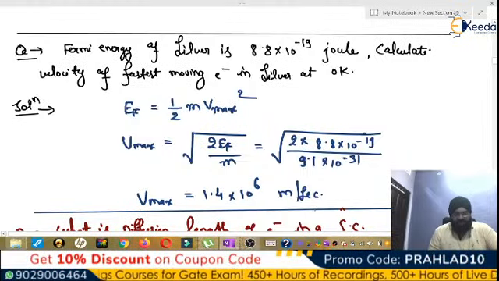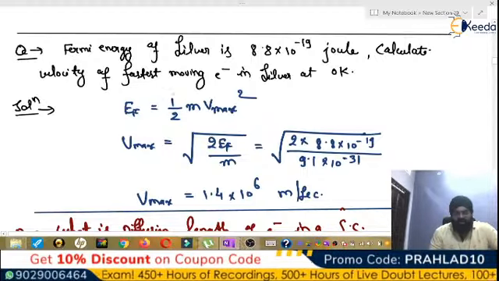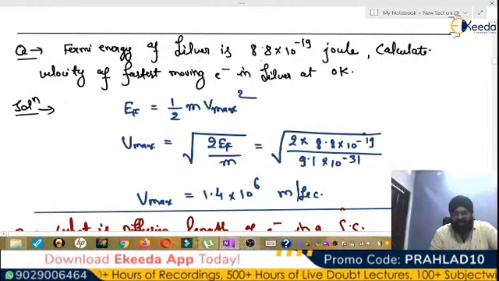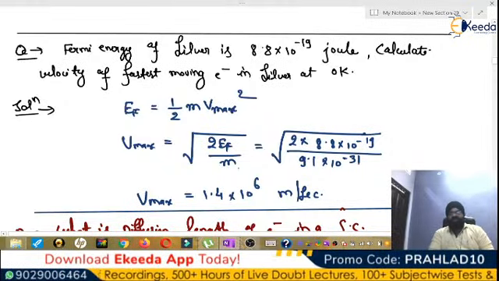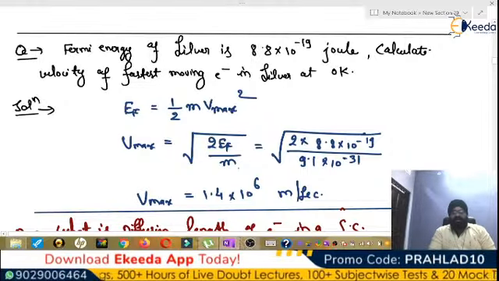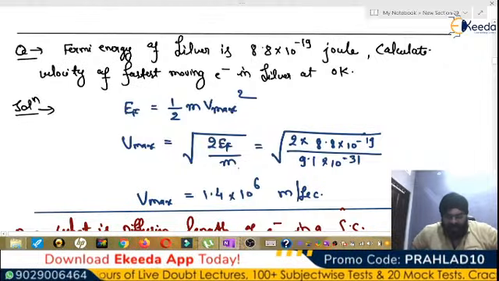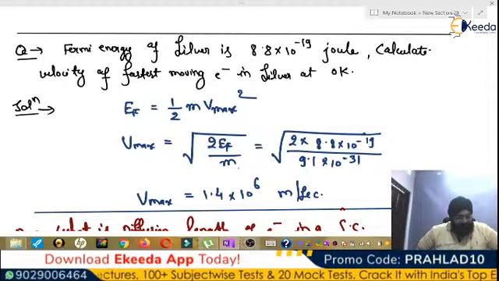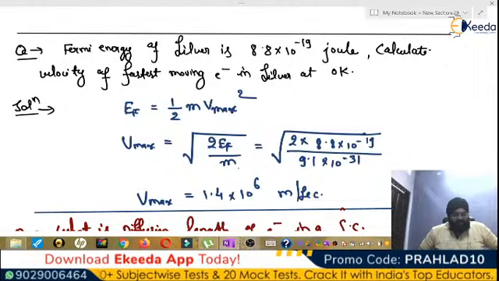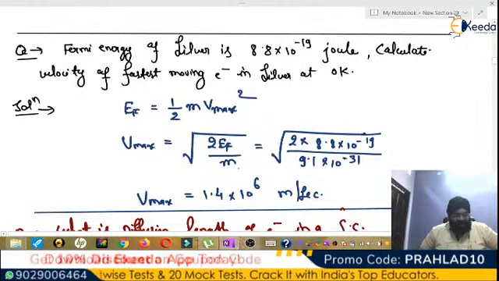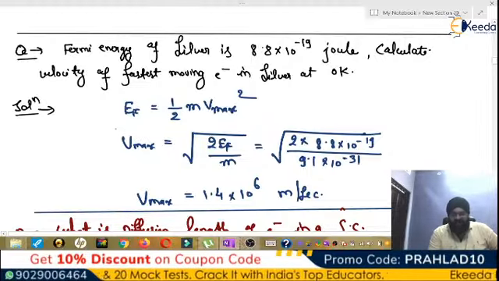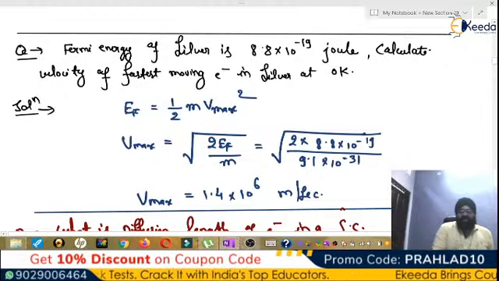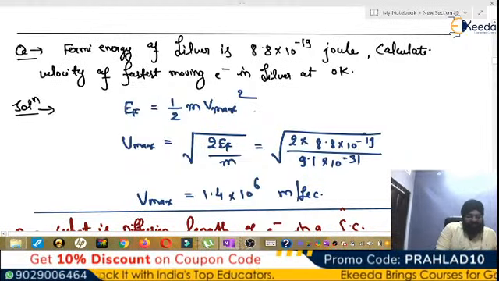And the next question is, find the energy. Fermi energy of silver is 8.8 into 10 raised to power minus 19 joule. Then calculate the velocity of the fastest moving electron in the silver at 0 Kelvin. So this is the question which is given, right? So Fermi energy formula is half of m V max square.